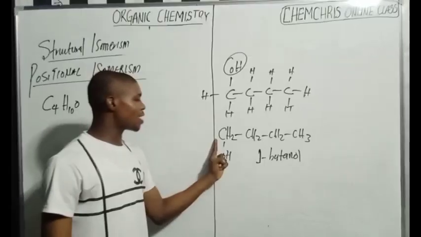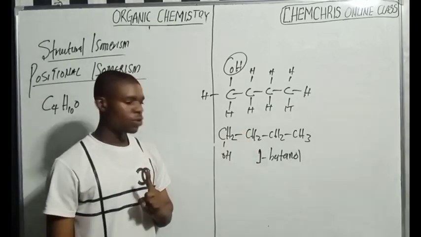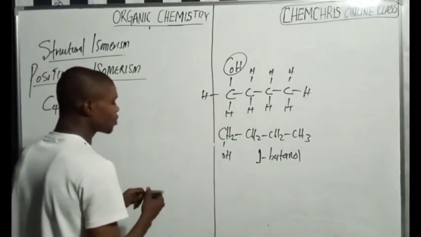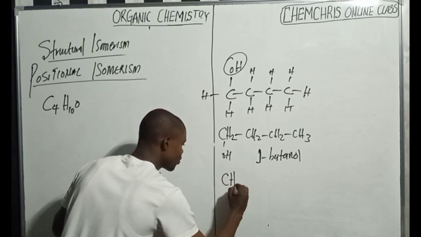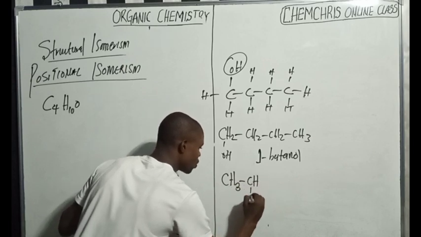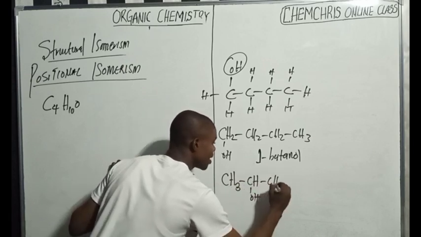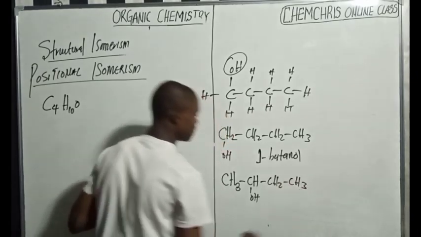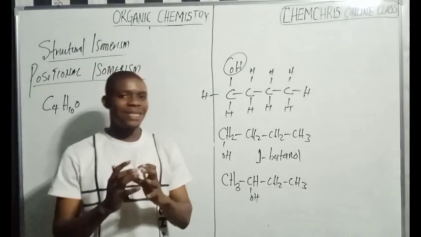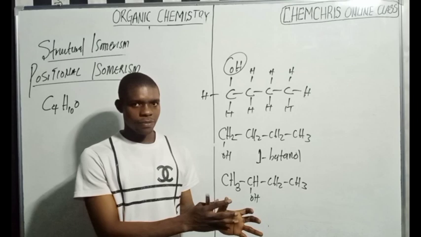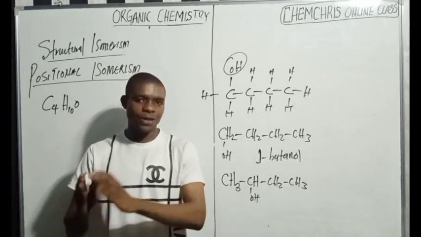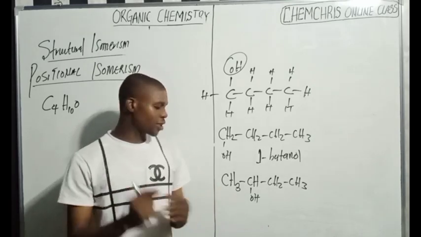Now, what if I adjust it to carbon 2? Here I'm going to have CH3, CHOH, CH2, CH3. Now, it's still the same number of carbon atoms, hydrogen atoms, and oxygen atoms. But the position of the functional group differs.